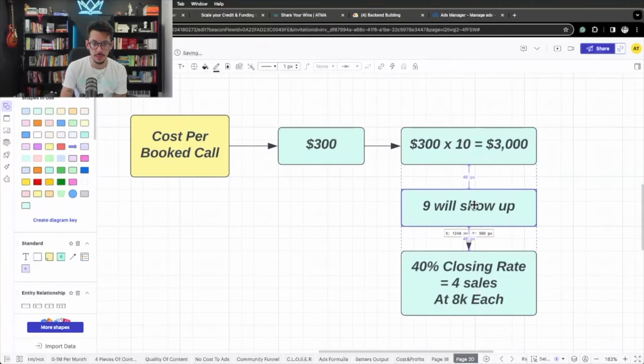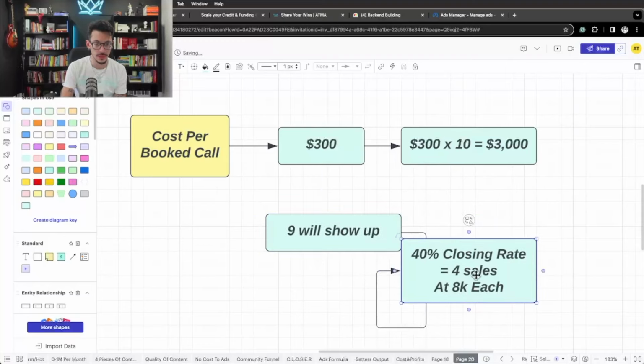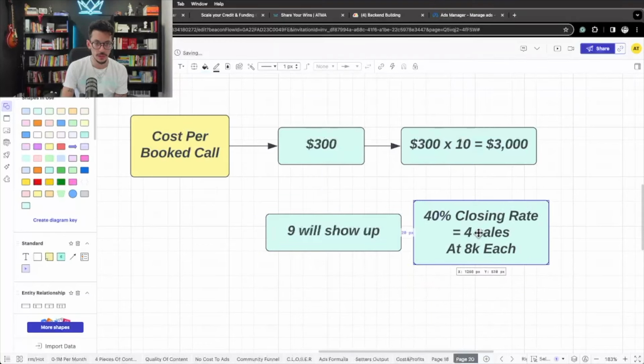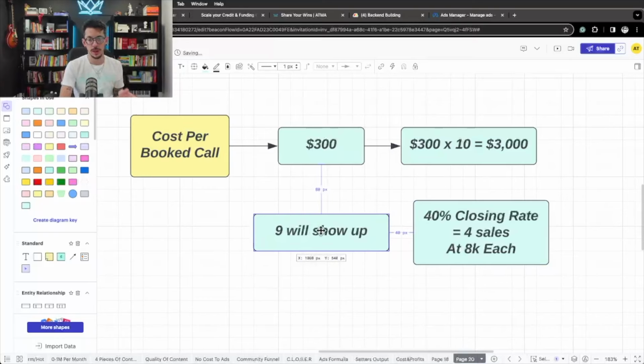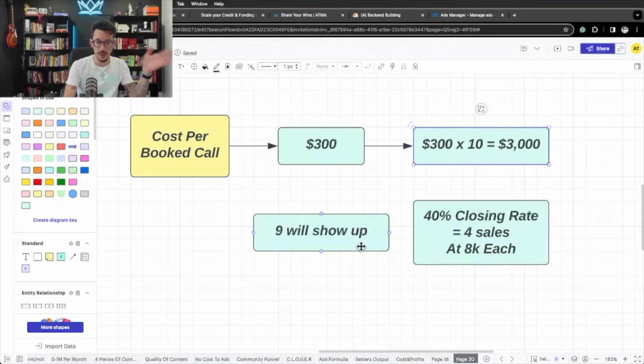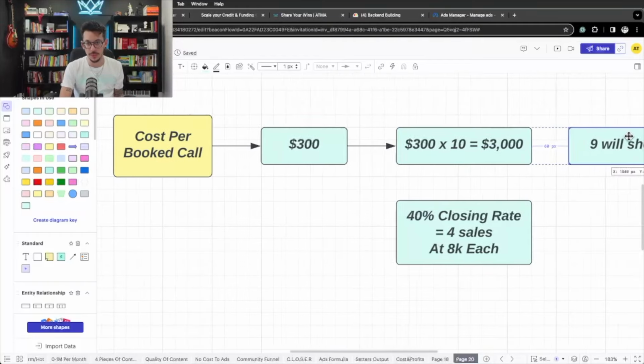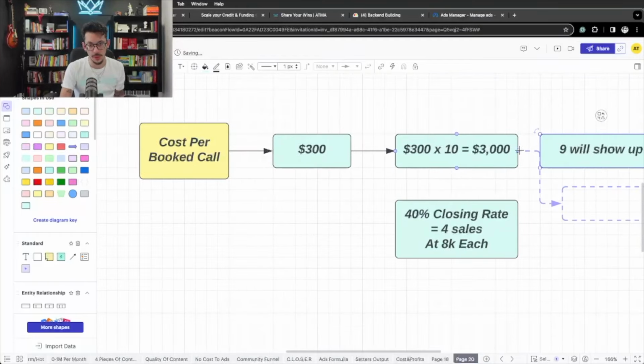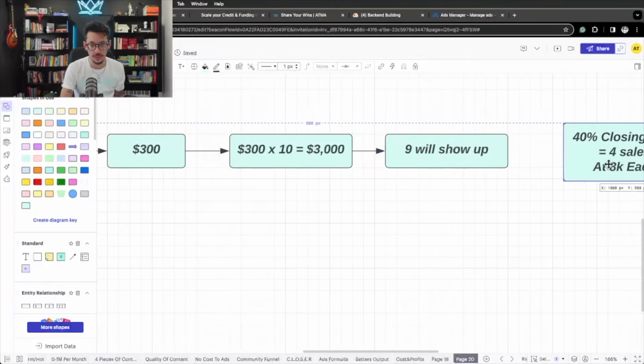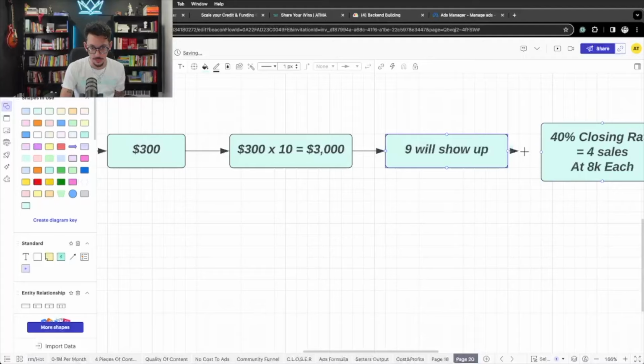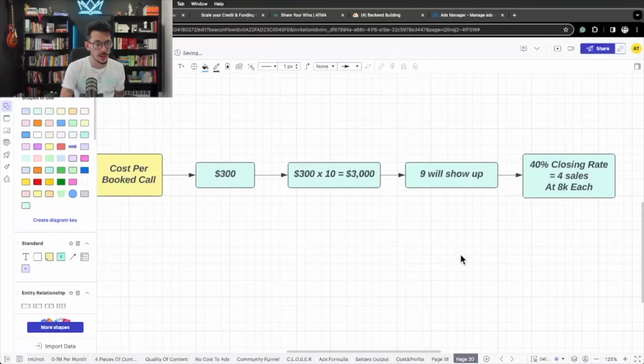Then 9 people will show up, which has more to do with sales. Getting somebody booked and to show up, that's setting and marketing. Getting them to close, that's pretty much sales. But I'm just gonna keep it going, because it follows the rhythm and progression of things.